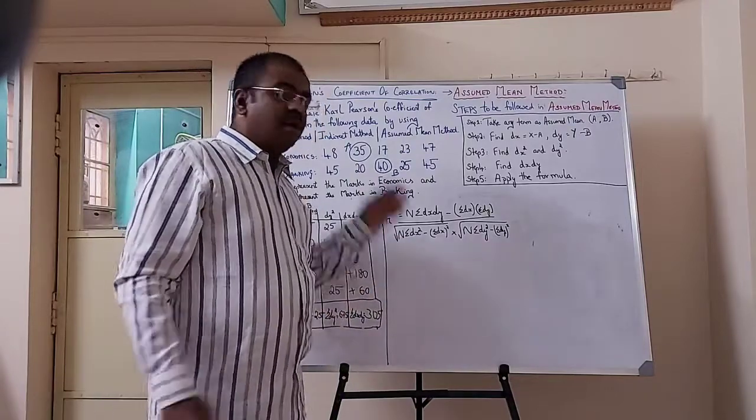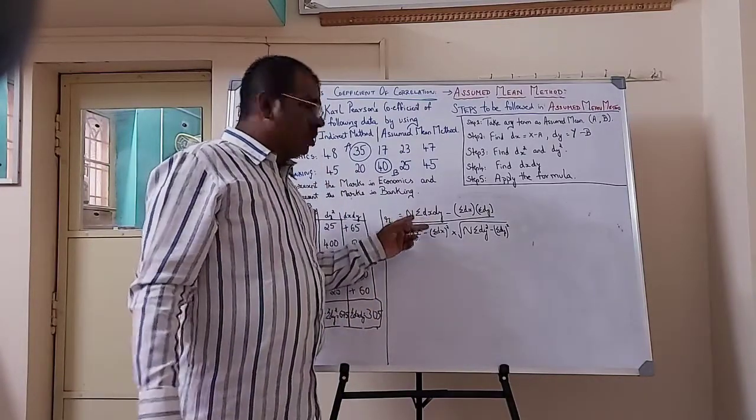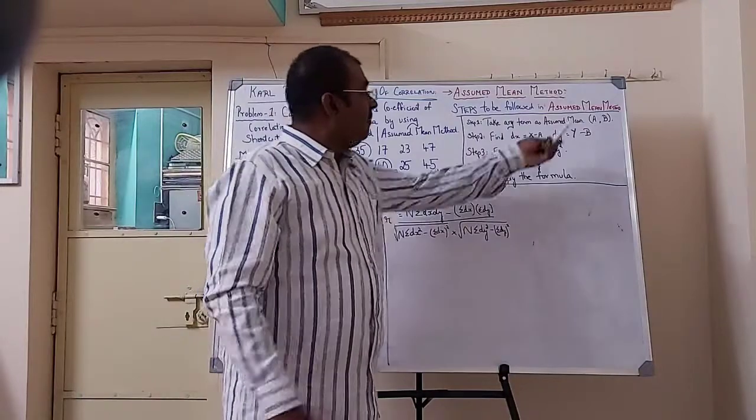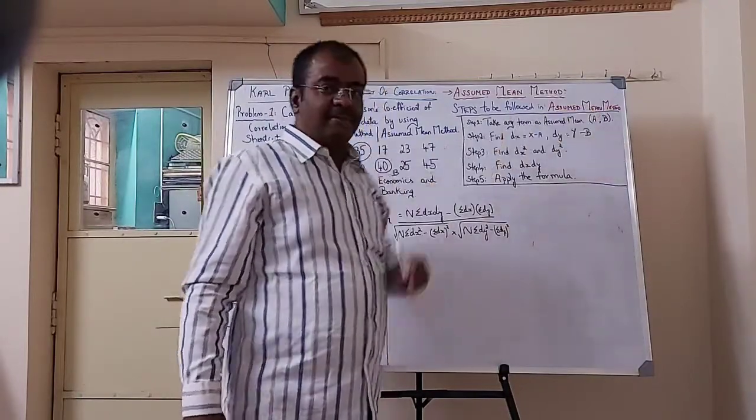Well, this is the formula for calculating coefficient of correlation in the case of assumed mean method.